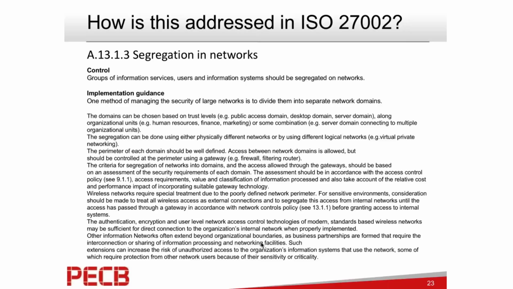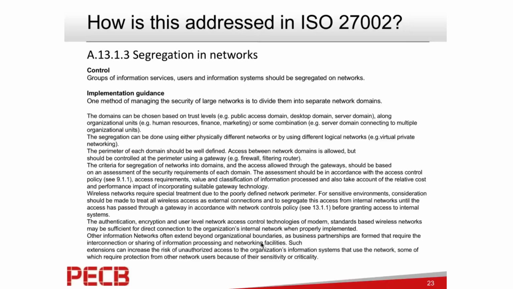Some special requirements are always present for wireless networks, because you can never easily define a border or perimeter for them. If someone is walking down the street and we have a strong signal, he can access my wireless network. So you need to treat all wireless access as external connections and segregate access to those networks from the internal network.